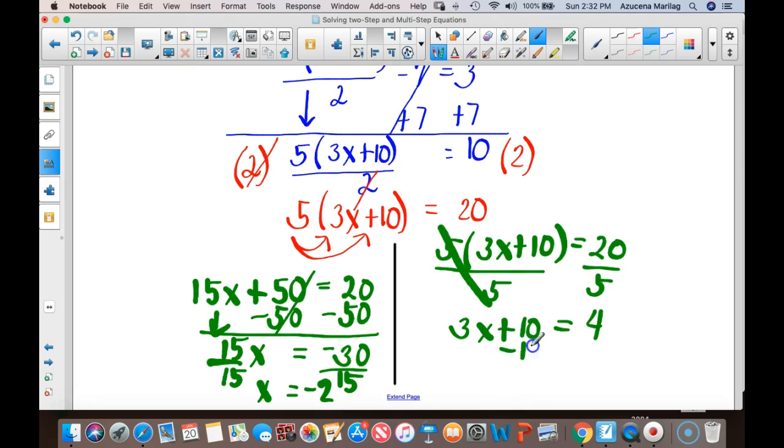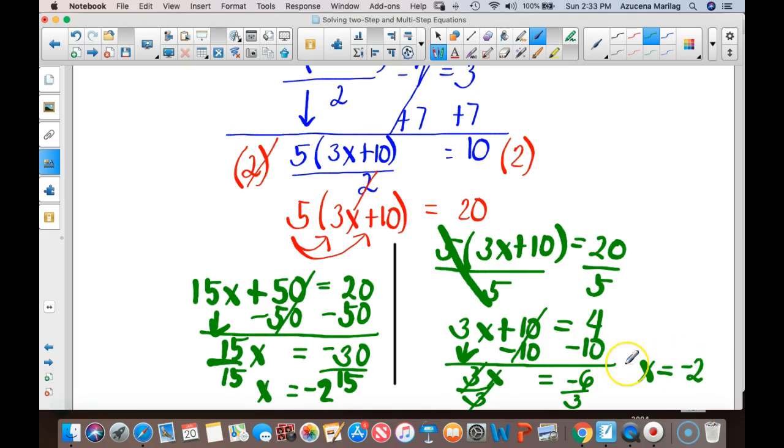If I subtract 10 on both sides, I will get 4 minus 10, which is negative 6. Bring down the 3x. 3x equals negative 6. To undo that multiplication there, divide by 3. And so you see that my answer is equal to negative 2 as well.